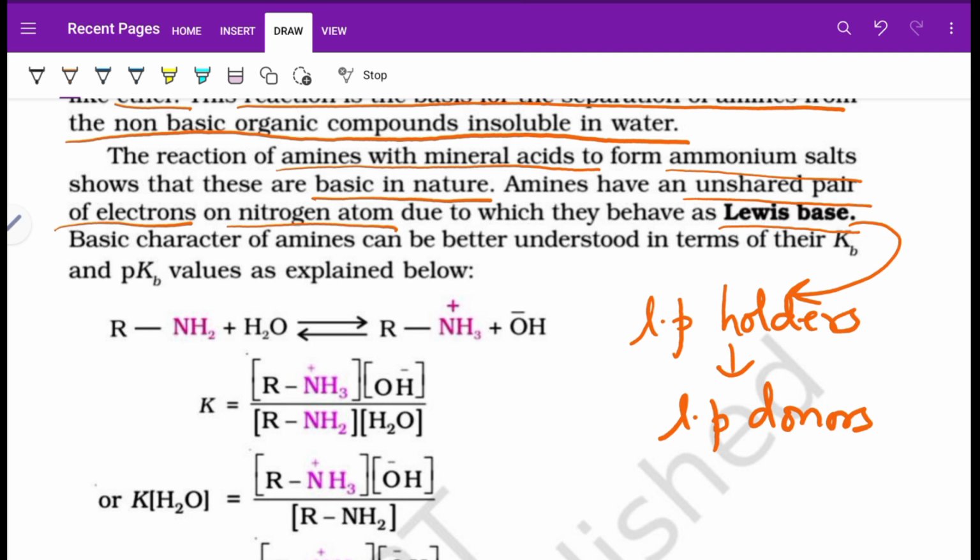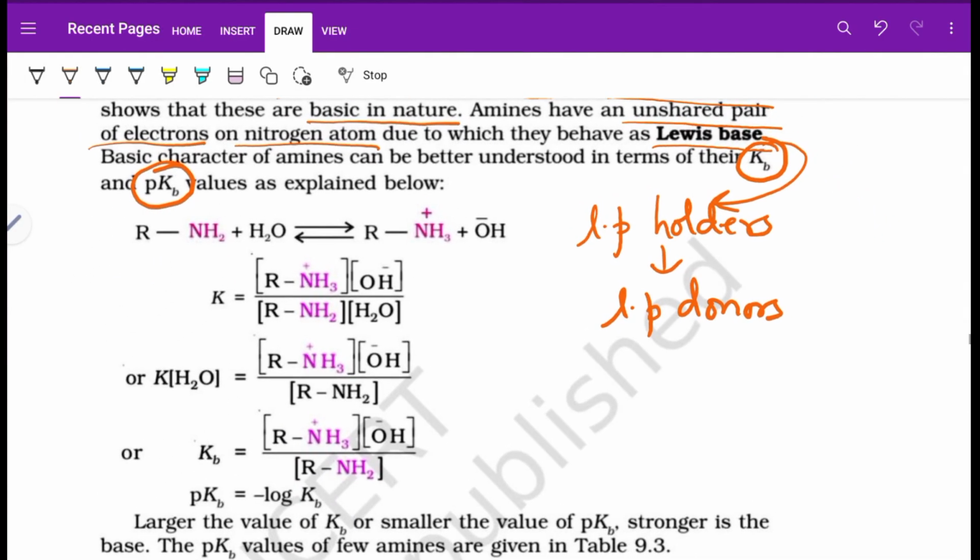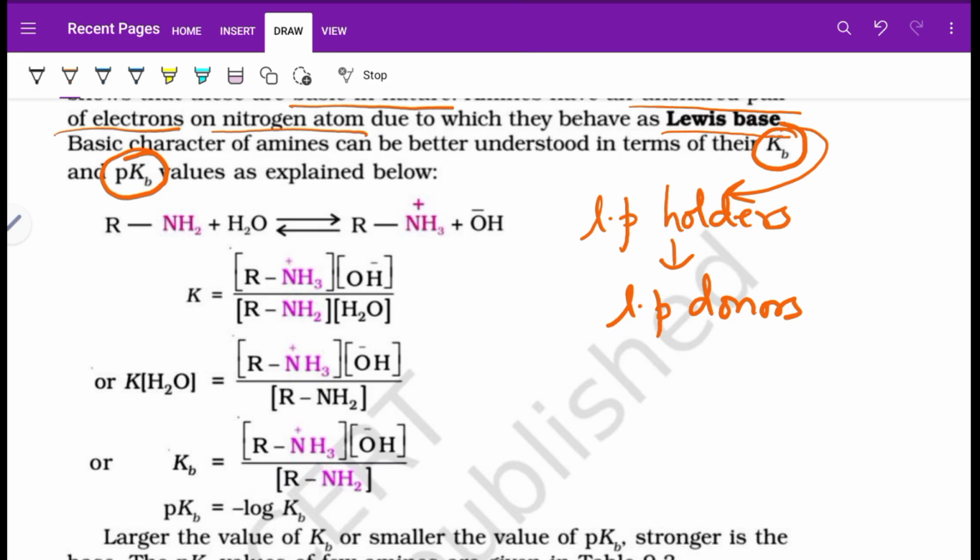Now, the basic nature of amines can be understood in terms of Kb and pKb values. Just as in the case of carboxylic acid, we had compared the acidity with respect to Ka and pKa, here we are going to compare the basicity of amines with respect to Kb and pKb.